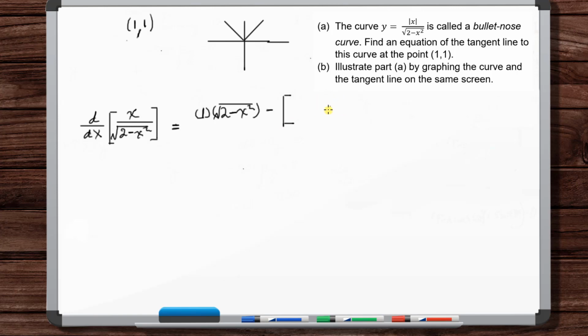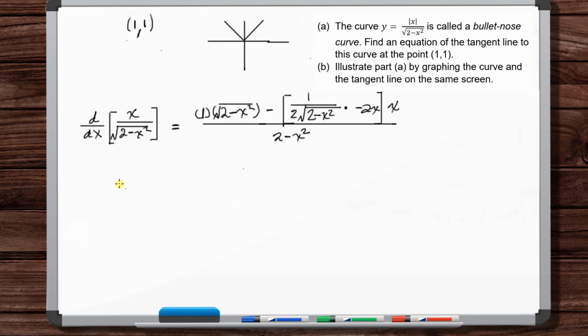The derivative of the square root of something is 1 over 2 square root of that something, times the derivative of that something. The derivative of 2 minus x squared is minus 2x. So the derivative of the top times the bottom minus the derivative of the bottom times the top, all over the bottom squared, so just (2 minus x squared) squared.